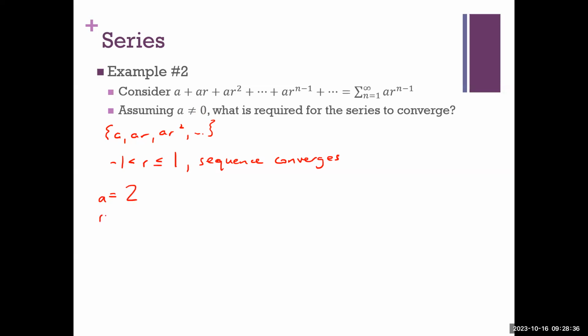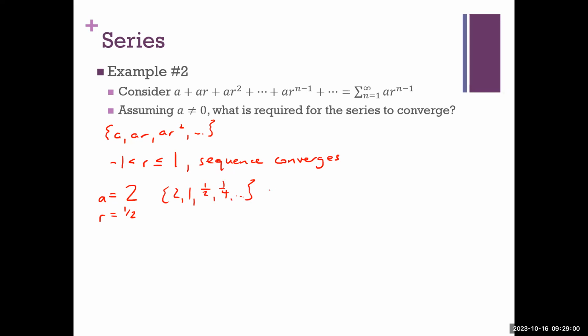Someone give me a value for R. Let's pick one we know converges. 1/2 sounds good. So let's start writing out the terms in this sequence. 2, 1, 1/2, 1/4.